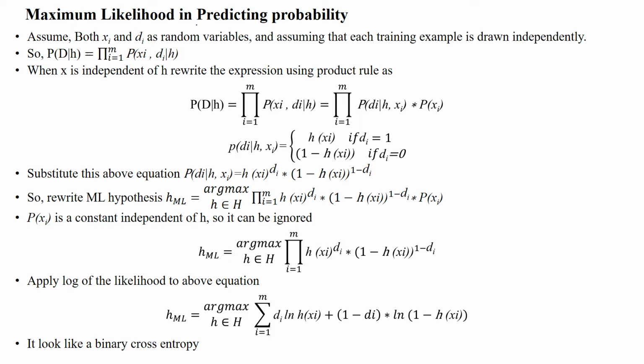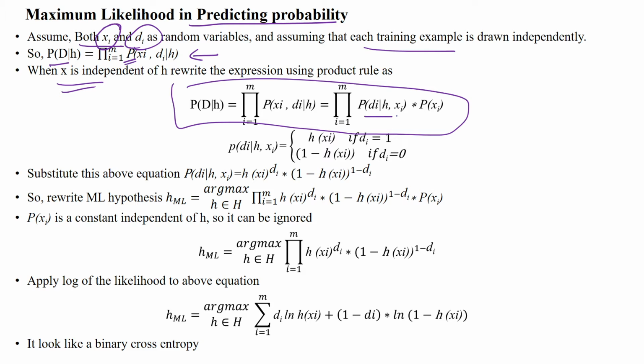Now, how is maximum likelihood used in predicting the probability? Here we take both sample xi and di as random variables, assuming each training sample is independent of the others. This is the formula for probability of data given hypothesis, the probability density function, which we can rewrite using the given formula.